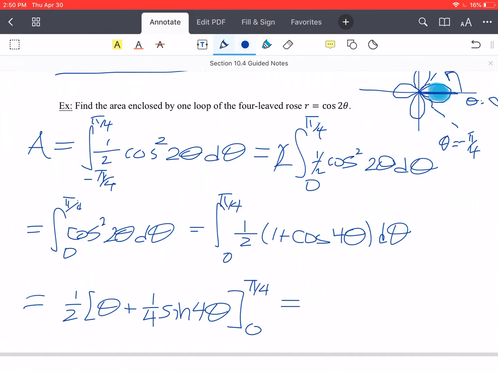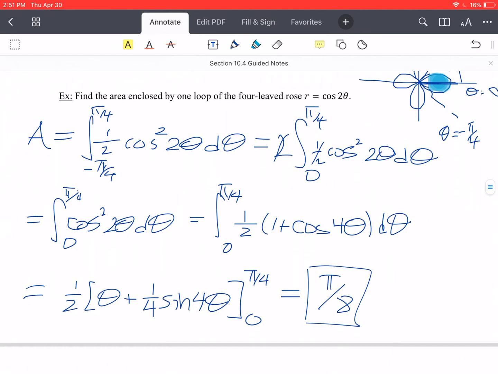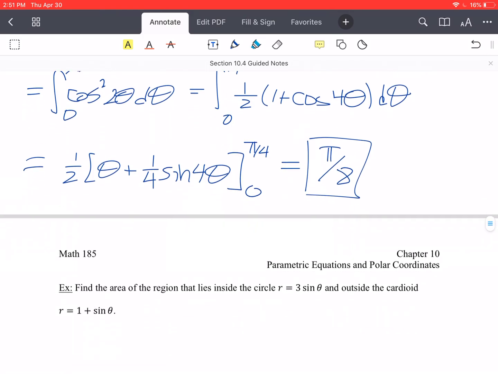Evaluate that using the fundamental theorem, and this gives you pi over 8. Okay, so we get the area of one of the loops of the four-leaved rose is pi over 8. And that would be the same for all 4 of them, because it does have that symmetry. Alright, let's look at another one.